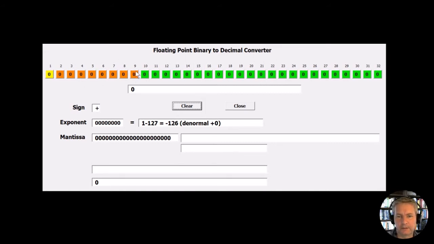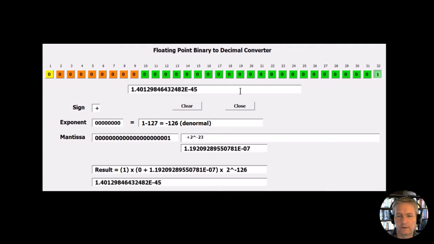We know that the exponent is all zeros because it's going to be a subnormal number, and the value of the mantissa is the smallest value for the mantissa, which is a value of 1. Because it's a subnormal number, we define the exponent value always to be 2 to the minus 126.